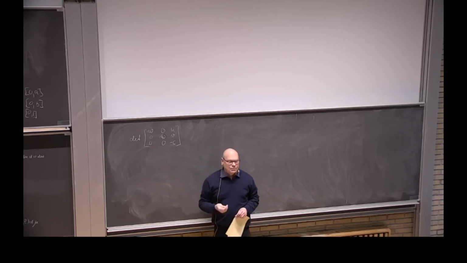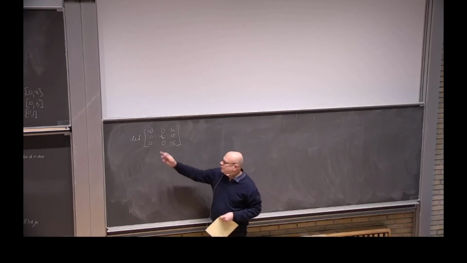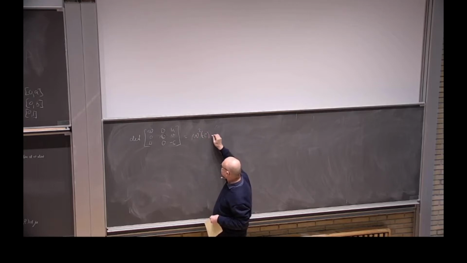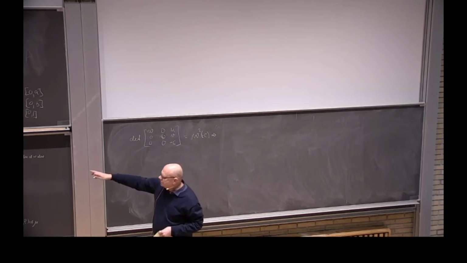But it's an upper triangular matrix. So you know that the determinant is equal to the product of the elements in the diagonal. So this will be W squared times minus C. And you have to take the absolute value of this in order to get the Jacobi function.